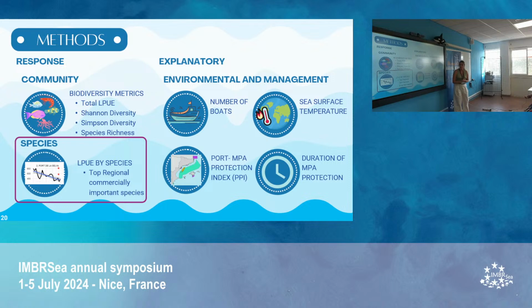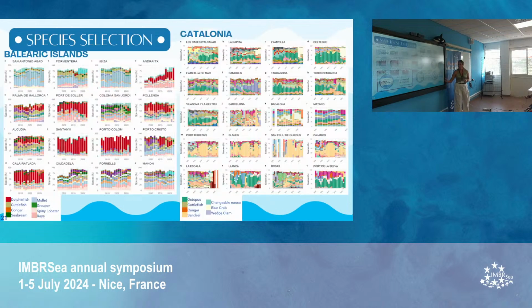Next, I'll look at the species. In total, I had a lot of species recorded, about 140 in the Balearic Islands and 240 in Catalonia. To minimize this, to make it a little more readable on the RDA and to be able to make assumptions and utilize information that was a little more reliable, I used the top regional species.